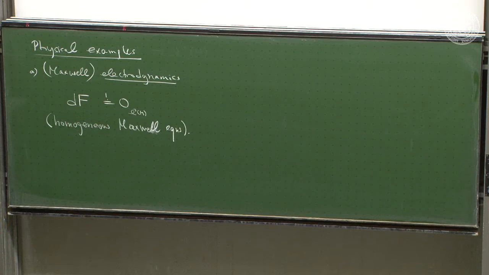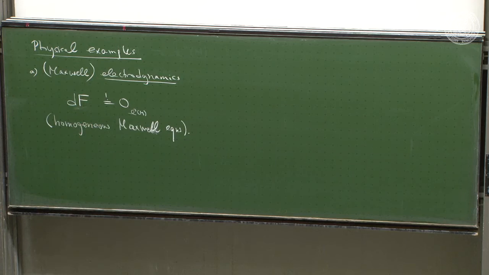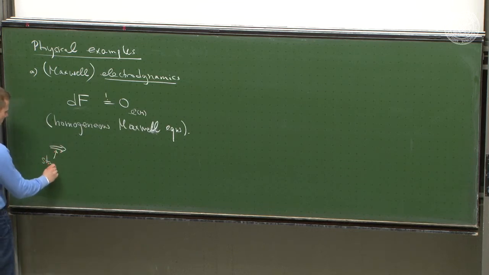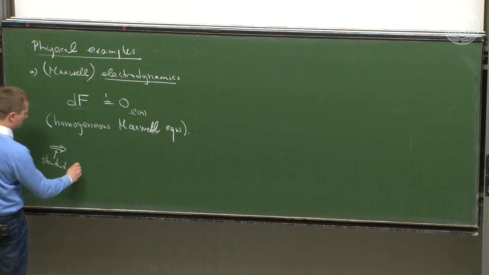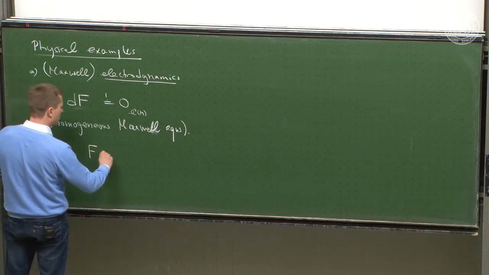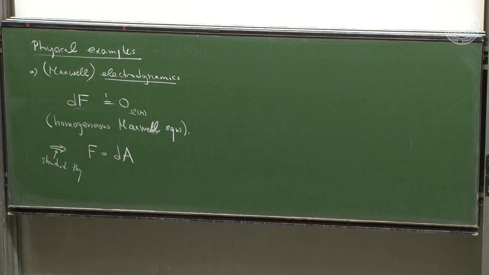Now, what do you usually do with these homogeneous Maxwell equations in the standard formulation? Well, you put your rods on your curls and your divergences, and you play all these games, and you find in standard electrodynamics, as it's taught in classes, that this 2 form can be expressed as the exterior derivative of a 1 form.